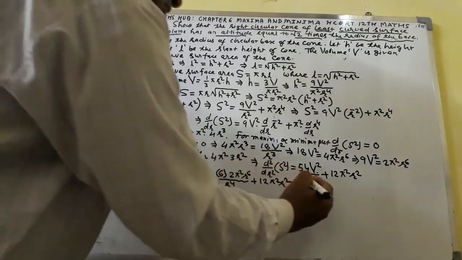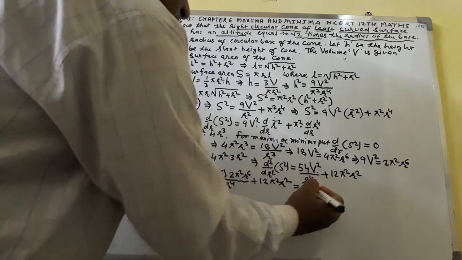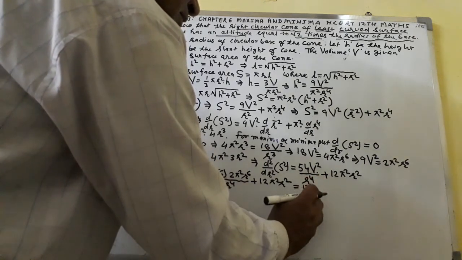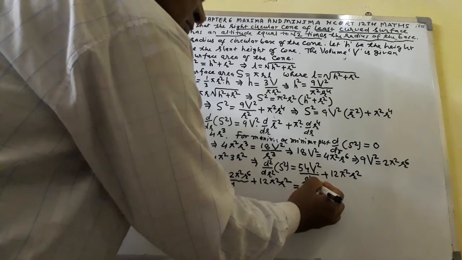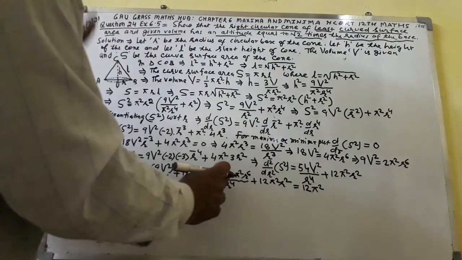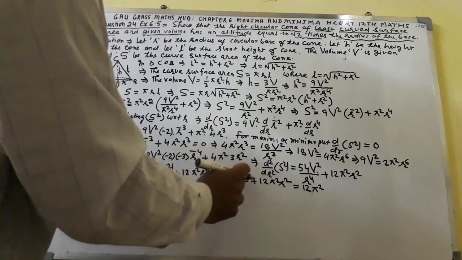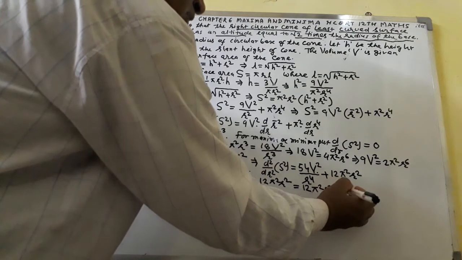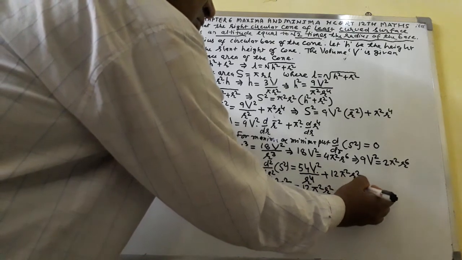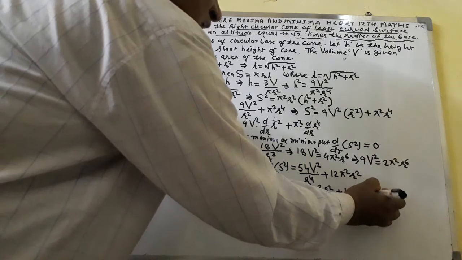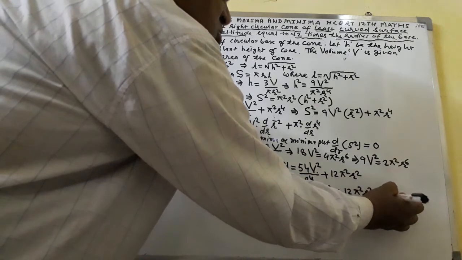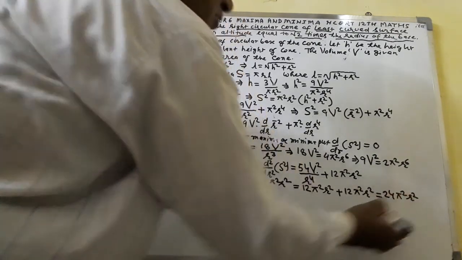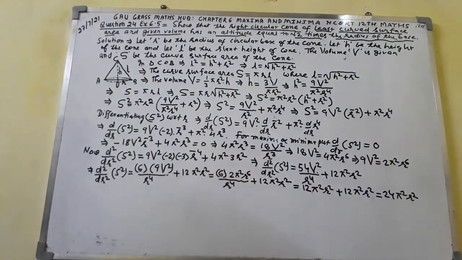Here 6 to the 12, so here you will get 12 pi square r square plus 12 pi square r square equal to 24 pi square r square. This thing we have got.